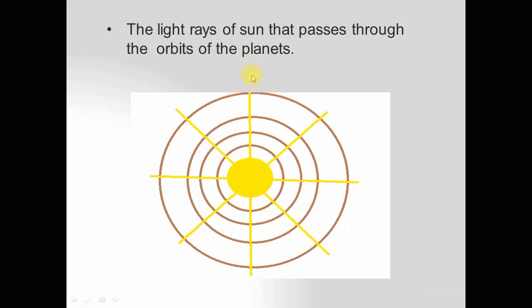Suppose these are the curves. This is the family of curves, and this yellow curve represents the family of sunlight rays.